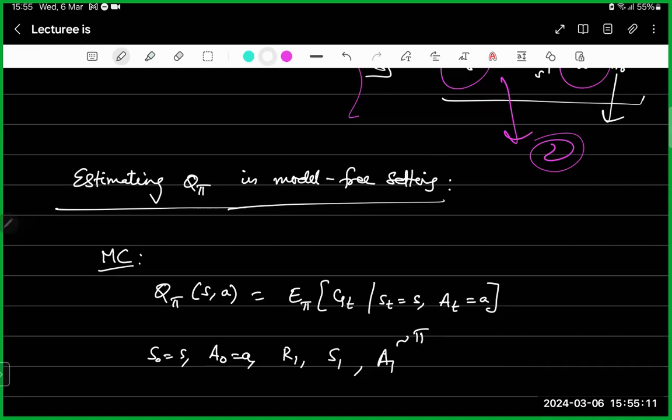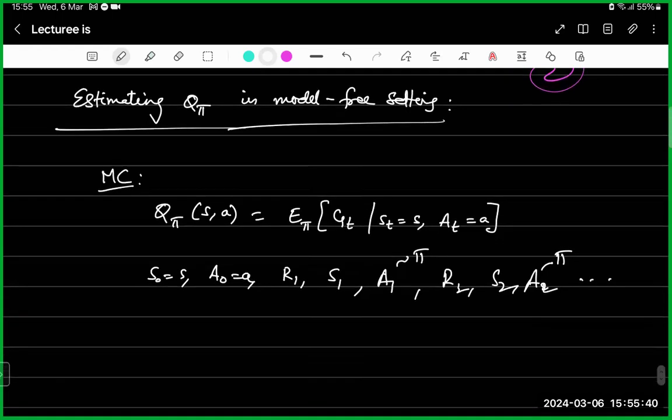The first action a naught alone you take to be equal to a, and after that you keep following policy pi. Whenever you have to take an action, you take it according to policy pi, and you continue that episode till the end. Then you get one return for this whole episode. That return will be a sample for your q pi of s comma a, right?